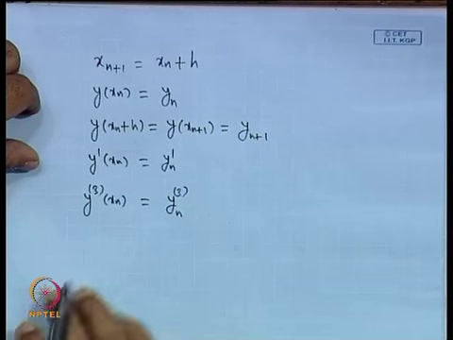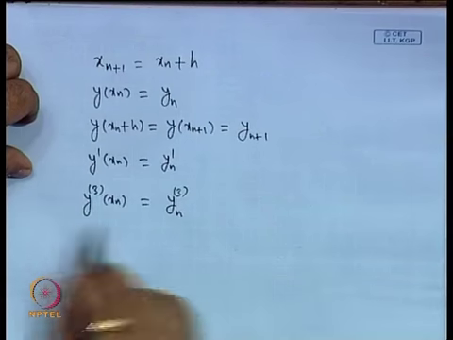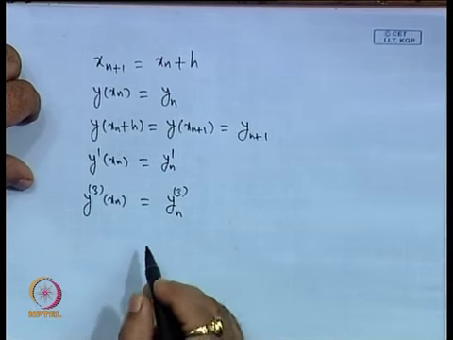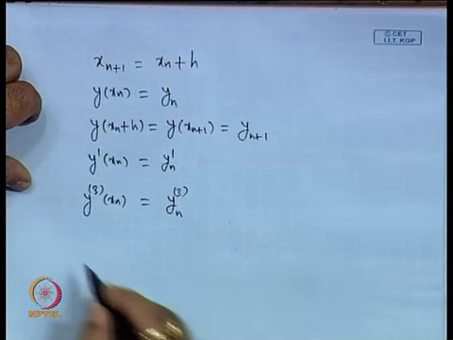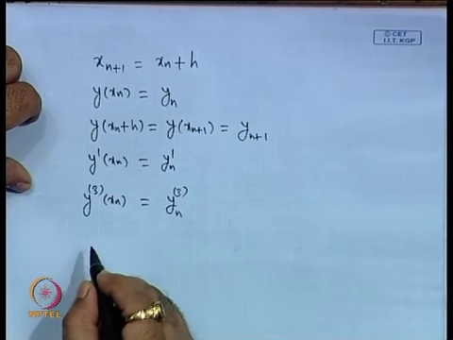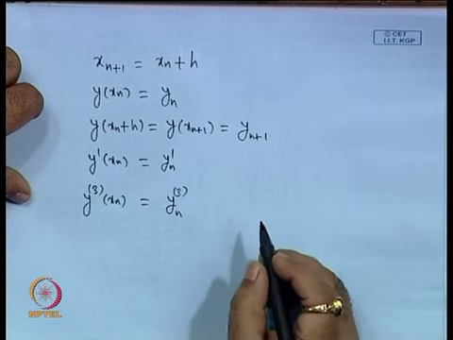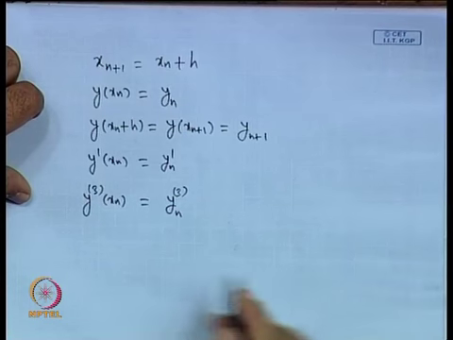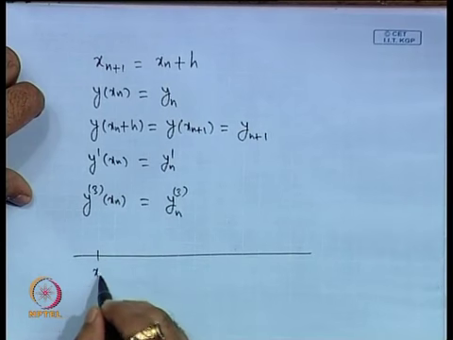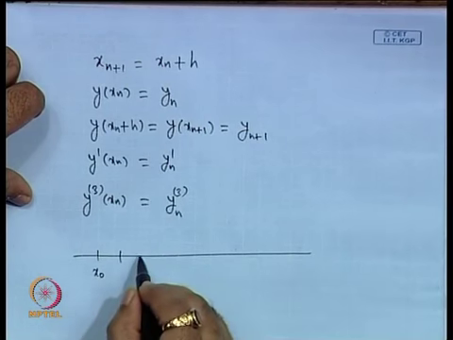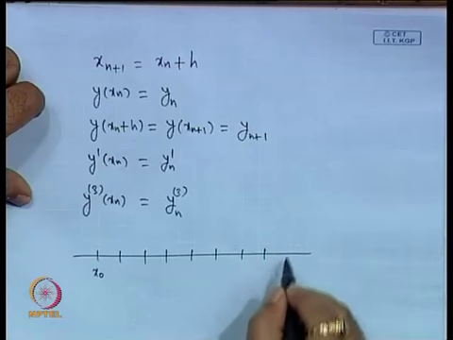Now, when we solve any IVP numerically, we try to get the solution at particular points. I will give you a more formal definition a little later. So suppose this is x 0, like interpolation we divide into parts.